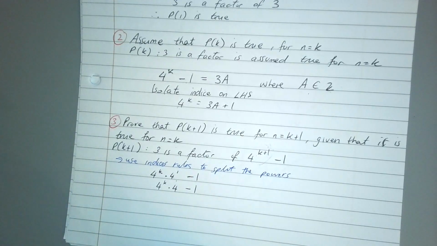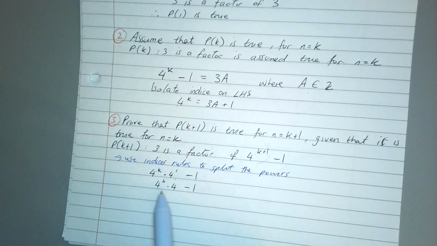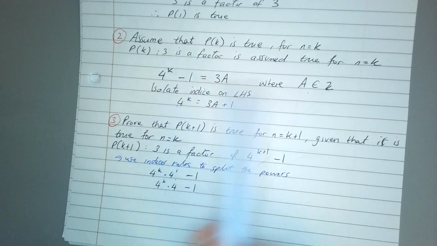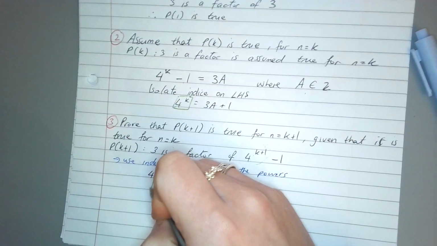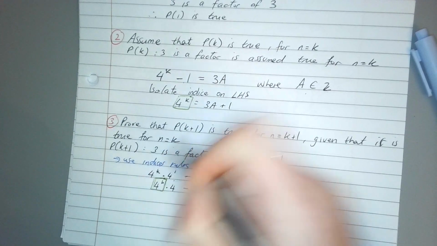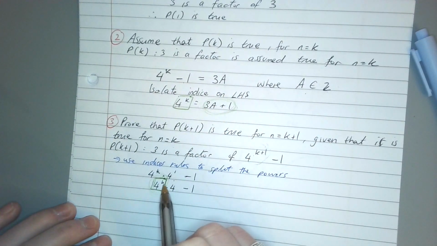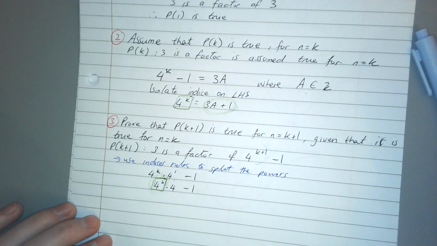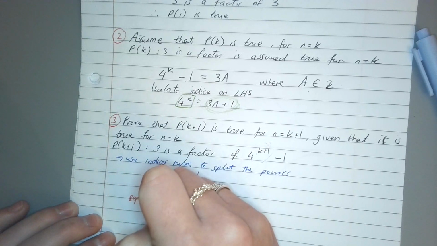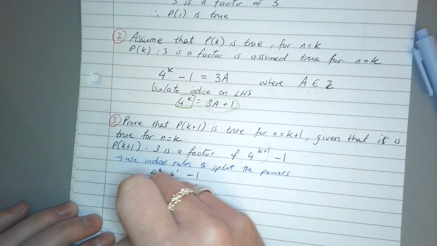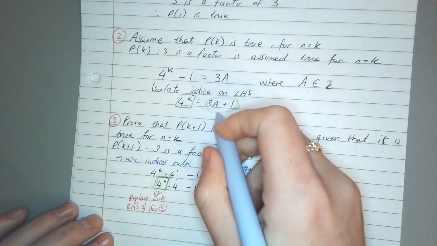And what we're doing then is we're going to take step 2 and try and fill it into part 3. Here that 4 to the power of K and 4 to the power of K are exactly the same, and we're going to fill in 3A plus 1 in for the 4 to the power of K down here. So replace with the right hand side of step 2, and we've got 3A plus 1.